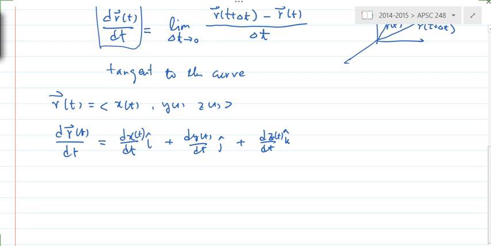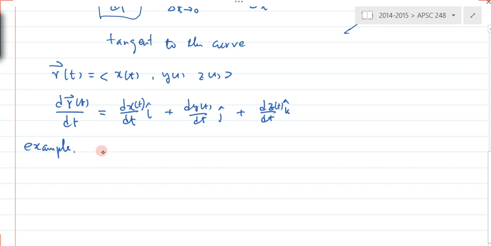Okay, let's do a very simple exercise. This is a parametric equation that we've seen in the previous lecture. It's what we call the helical or helix, right?